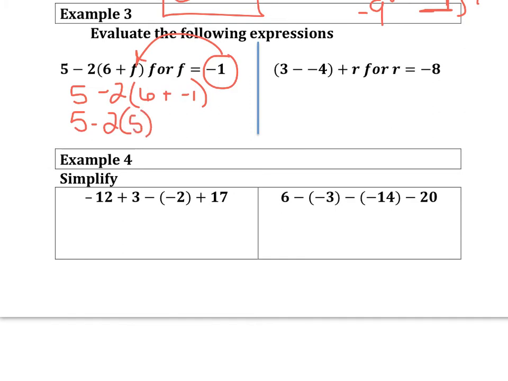The next thing that we're going to need to do is multiplication. So we will multiply the 2 by the 5, which will give us 5 minus 10. And then our final step is to subtract. So now we're subtracting 5 minus 10. Now, what's interesting about this is we're taking a larger number away from a smaller number.